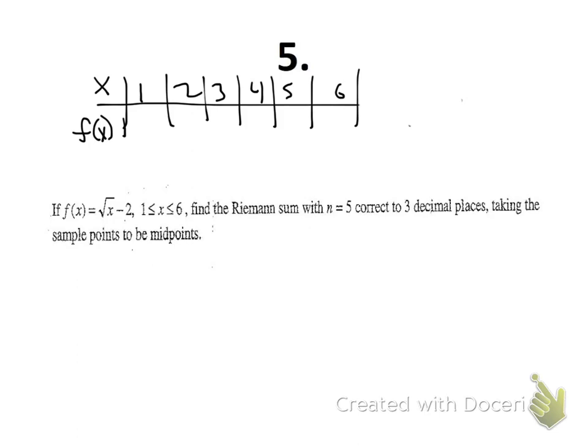But I'm taking the midpoint. So you see how that table is not ideal for me. Because I'm going these increments. So I'm going to have 1, 2, 3, 4. What did I do wrong?